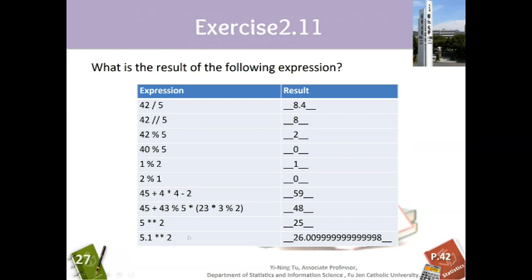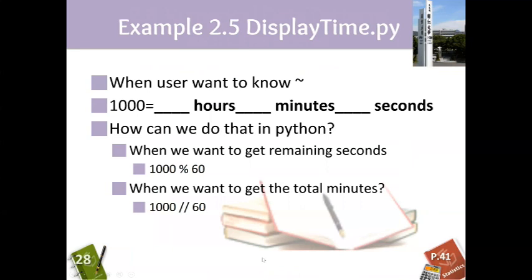So let's come to example 2.5, display_time.py. You can also find it in your textbook on page 41. The question is, when the user wants to know how many hours, how many minutes, and how many seconds 1,000 seconds equals.